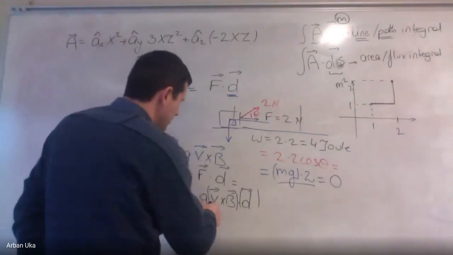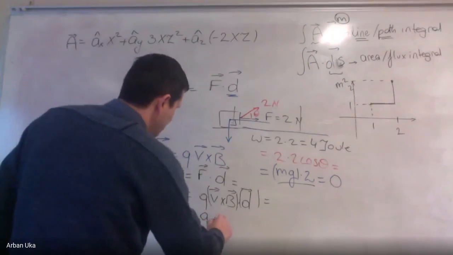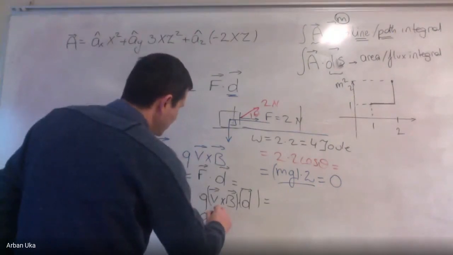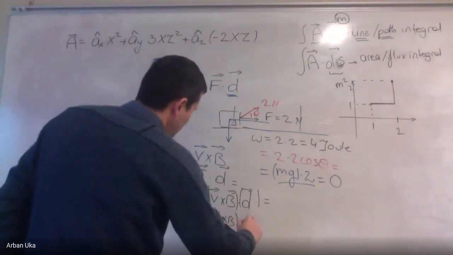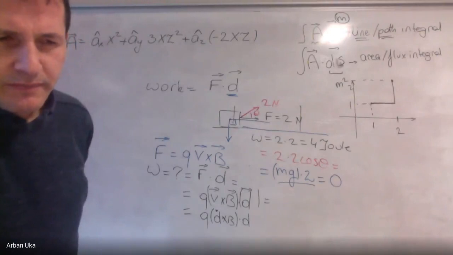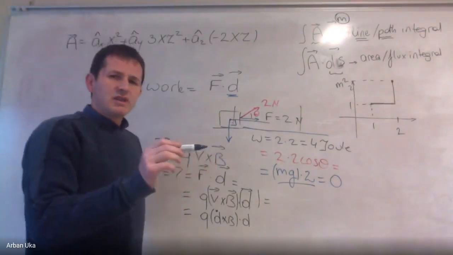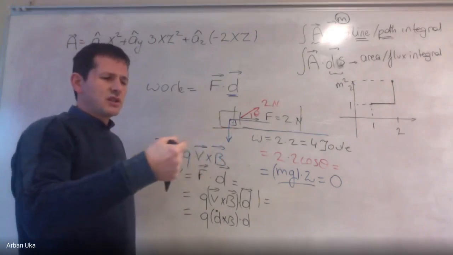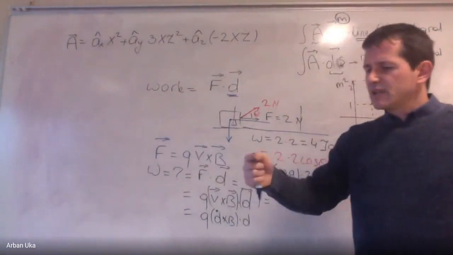Now, this velocity is equal to Q times the derivative of the displacement, cross B, dot dl. Now, the thing is that the velocity and the displacement have the same direction, okay? So if an object is moving with a velocity in this direction, that's also the direction of the displacement.